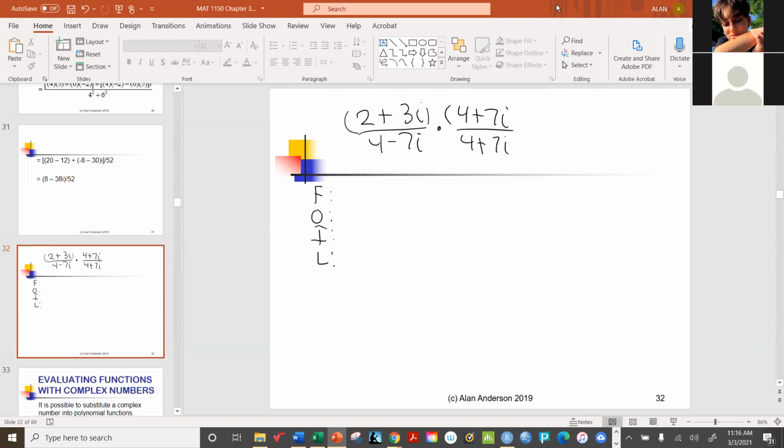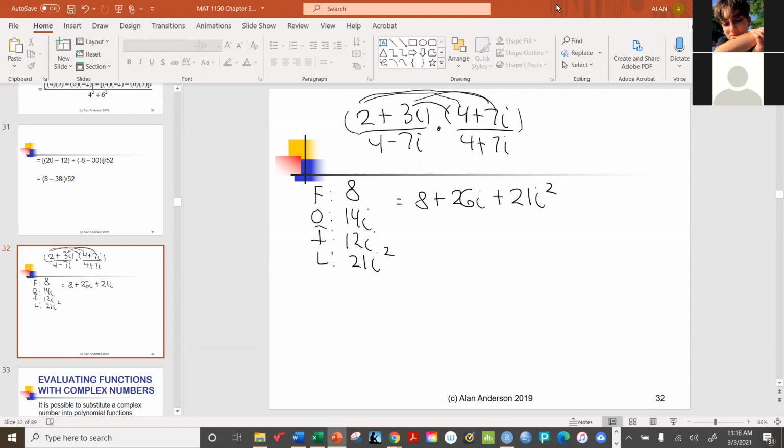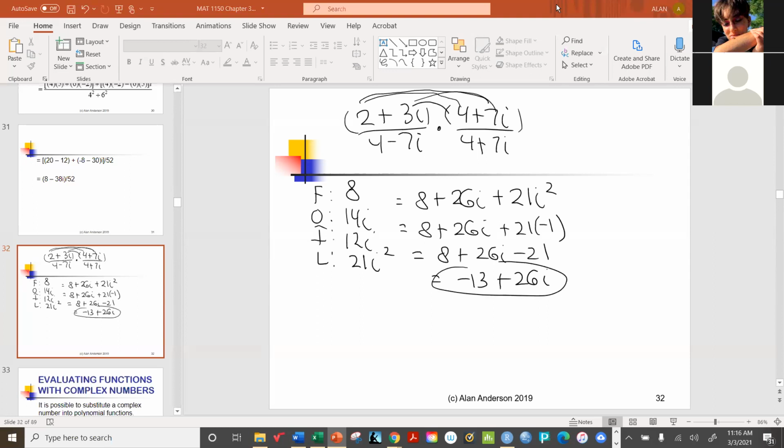So if you apply FOIL to the numerator, F, O, inner, last. All right. That's our numerator.